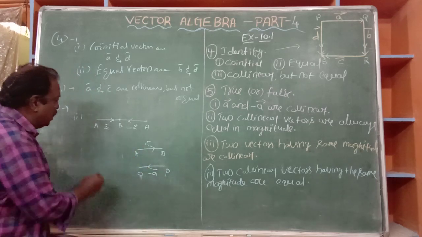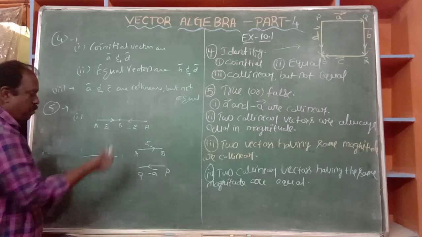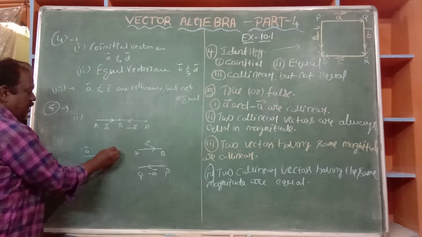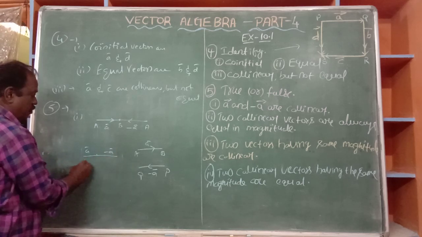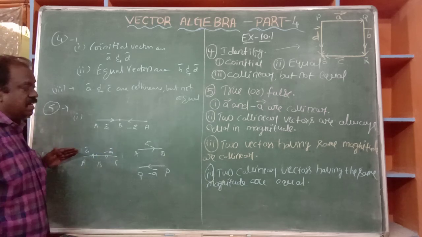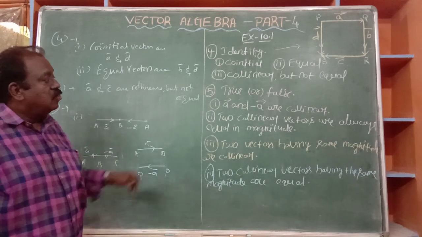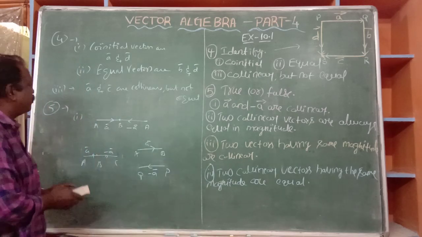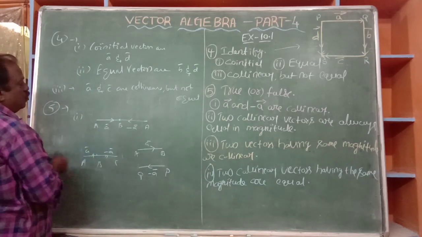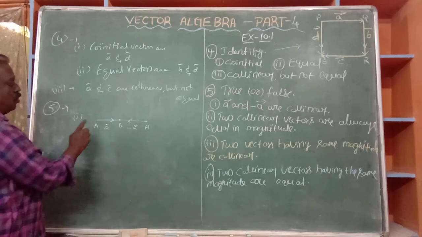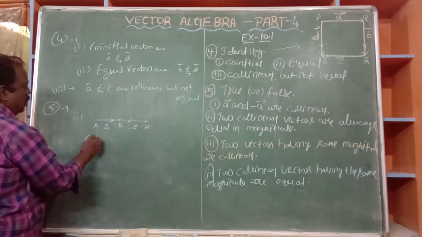Now both are lying on the same line. This is A bar and it is minus A bar, lying on the same line. So they are collinear. Yes, perfectly it is correct. Now, draw this one in your notes. They are collinear.